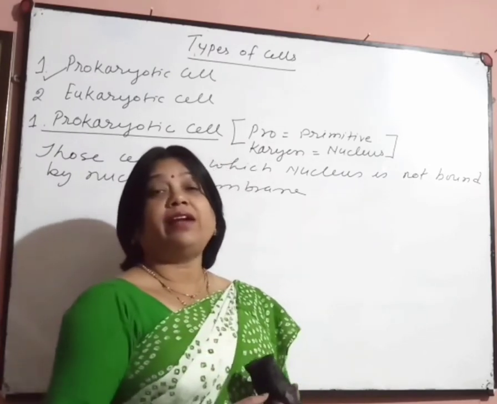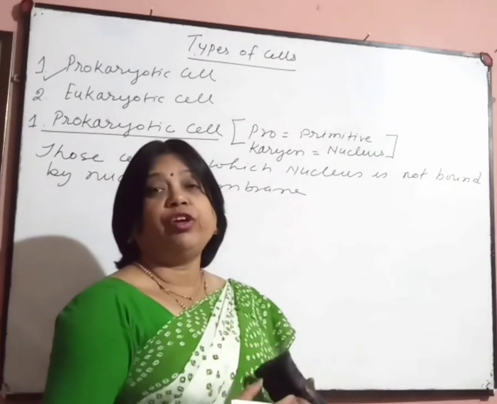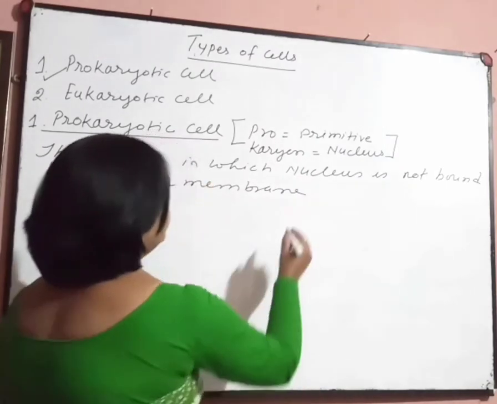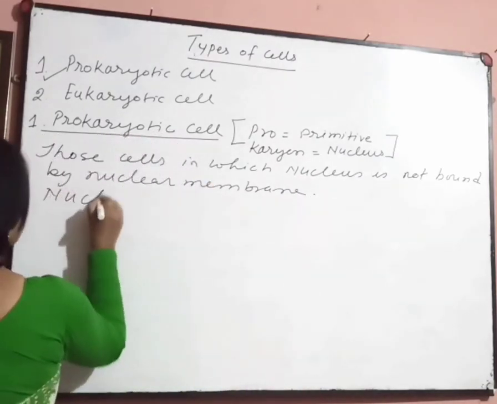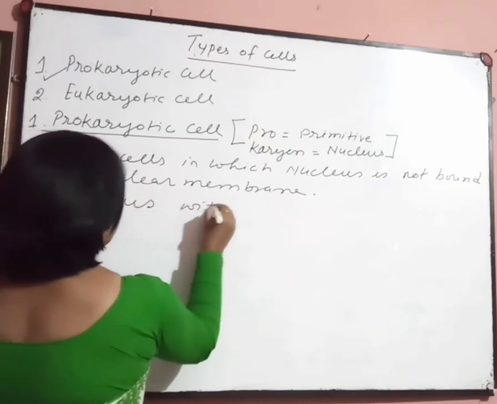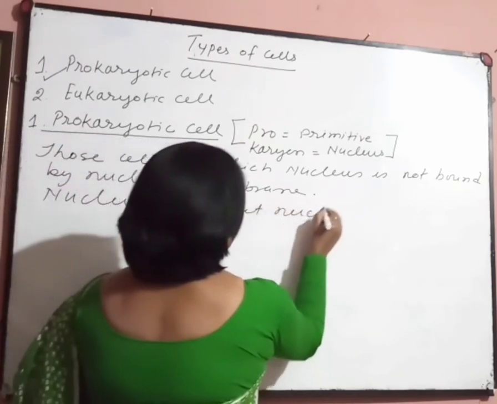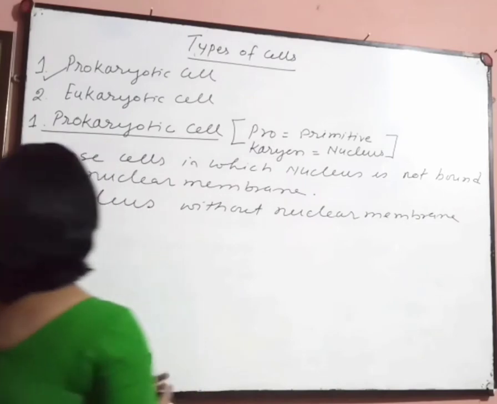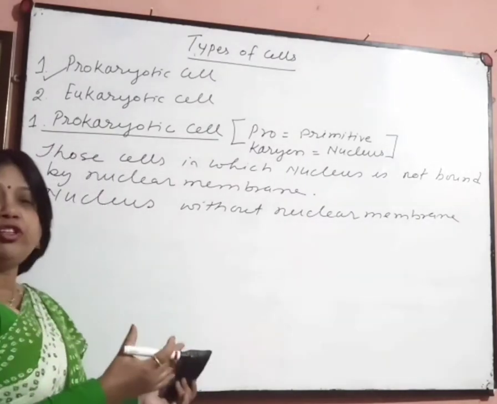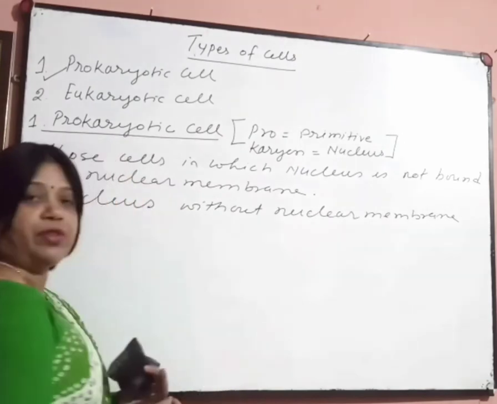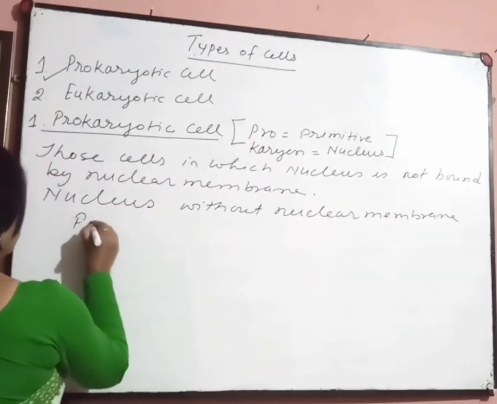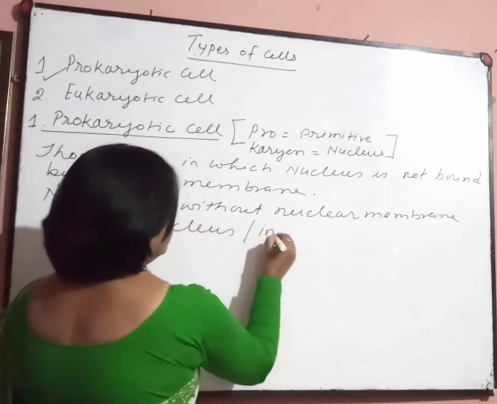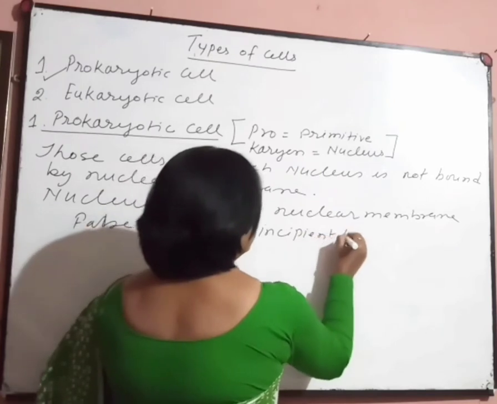Or you can say that those cells in which nucleus is present without nuclear membrane. So such nucleus in which nuclear membrane is absent is known as false nucleus or incipient nucleus.